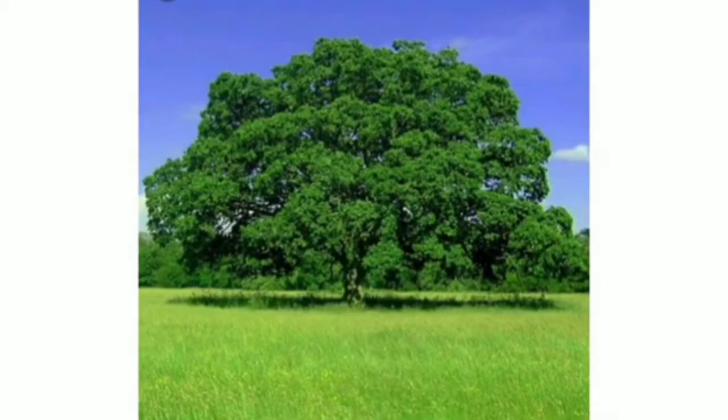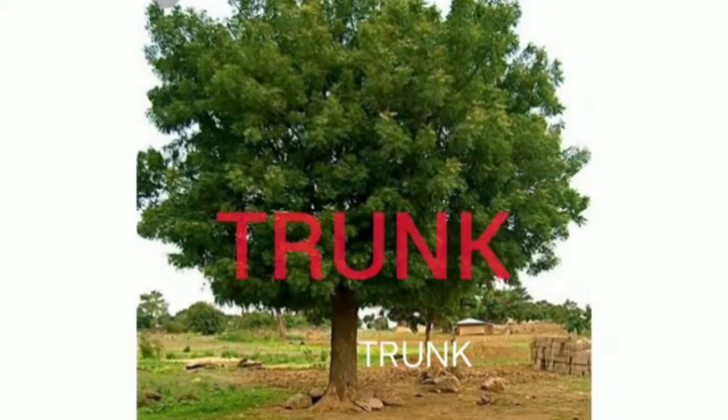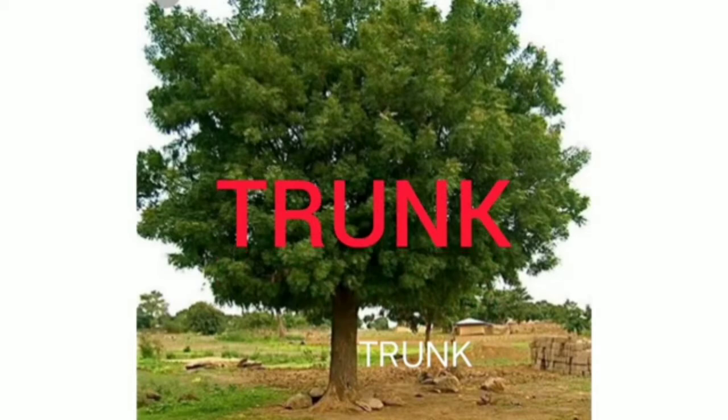The trees have hard and woody stem. Trees have a hard and woody stem called trunk. What is it? The tree's stem is called trunk. T-R-U-N-K, trunk. It is a hard and woody stem.